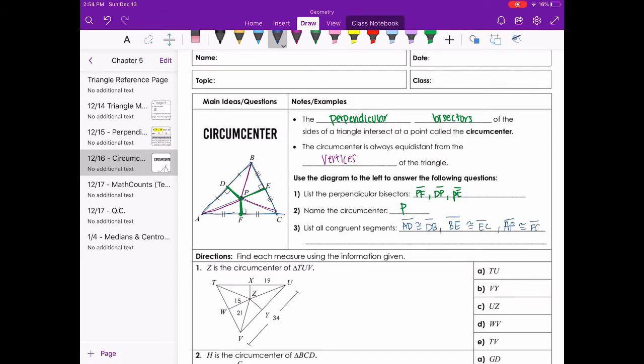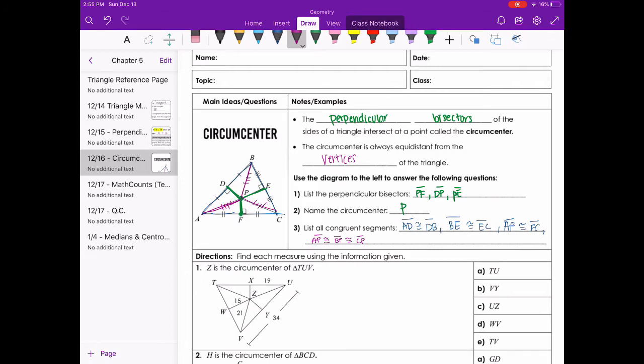And then our newest discovery today is that the distances from the circumcenter to the vertices would be congruent as well. So AP is congruent to BP is congruent to CP.